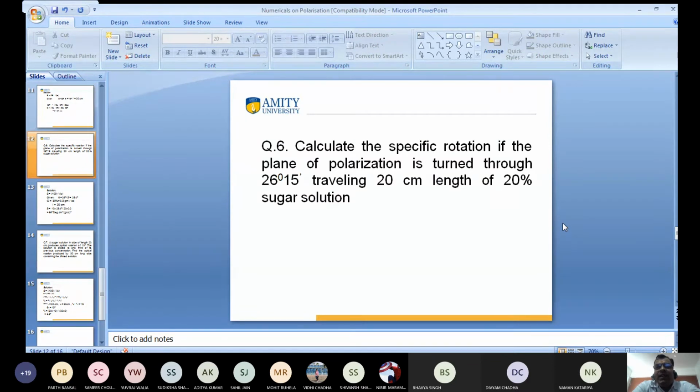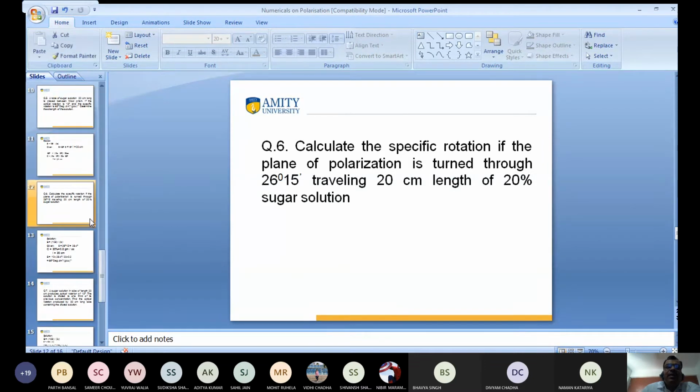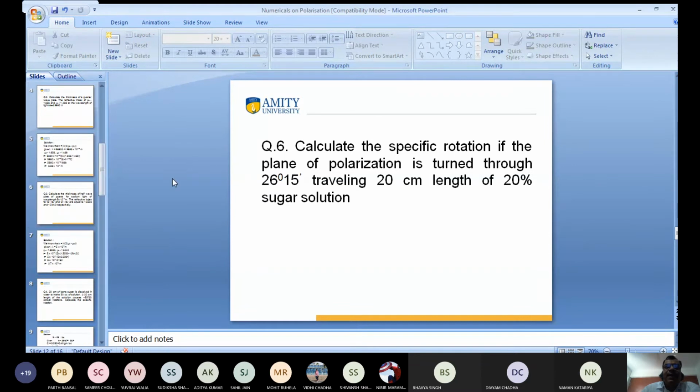Calculate the specific rotation if the plane of polarization is turned through 26 degree 15 minute, traveling 20 centimeter length of 20% sugar solution. Again, I repeat the question.